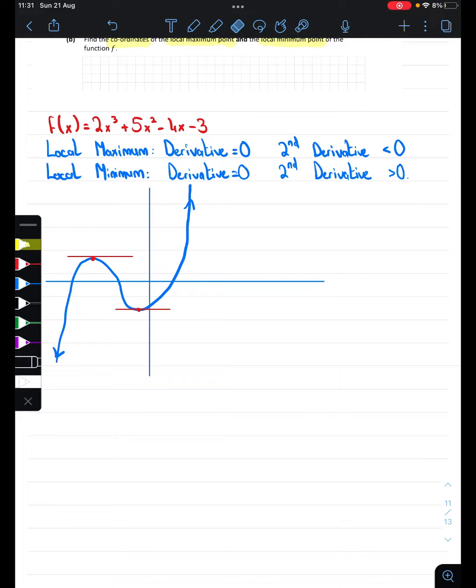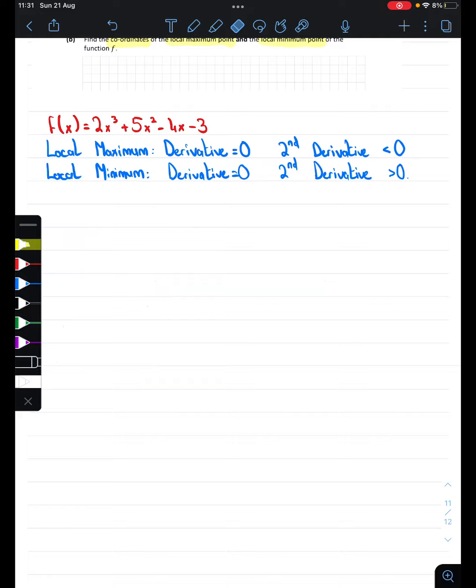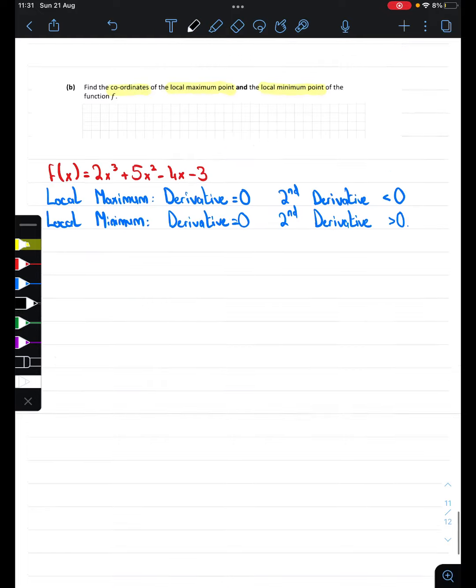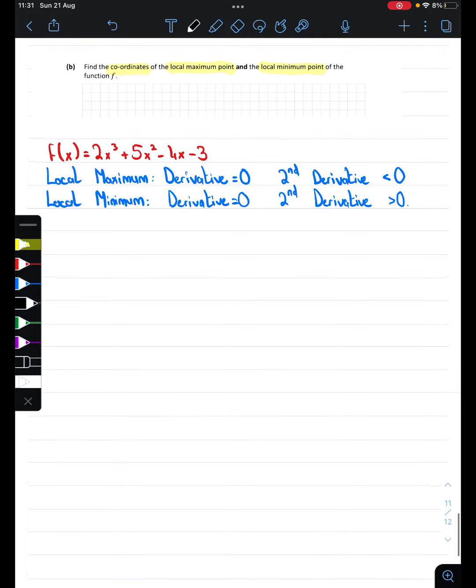So let's give ourselves some space. Okay, so we've got to find the derivative. If we want to allow the derivative to be 0, then we've got to find that derivative.